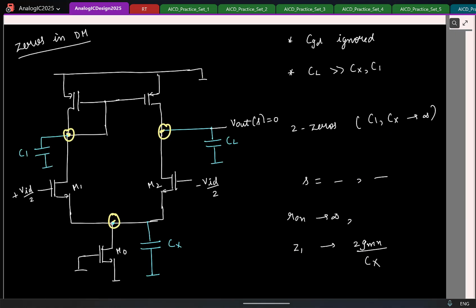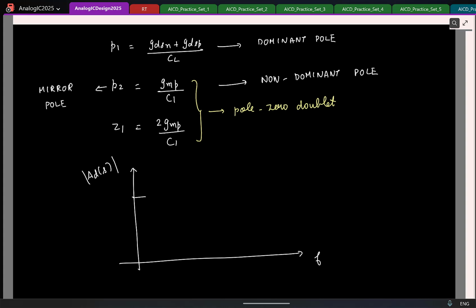GM of M1 M2 times the output resistance, which is R0 of this transistor parallel to this. So that will be, let us say, this value. This is the DC gain, I'll call it A0. And then you have the dominant pole. After you hit the dominant pole, what will happen to the response? Minus 20 dB per decade.